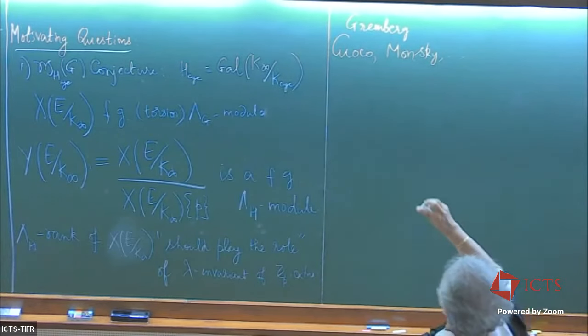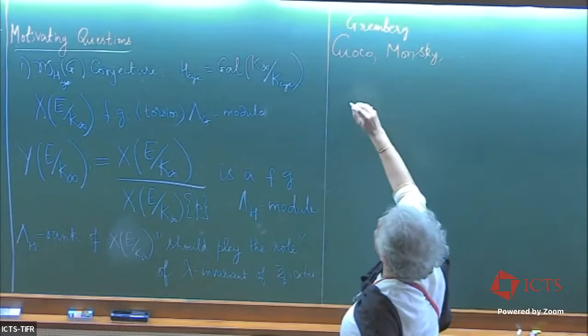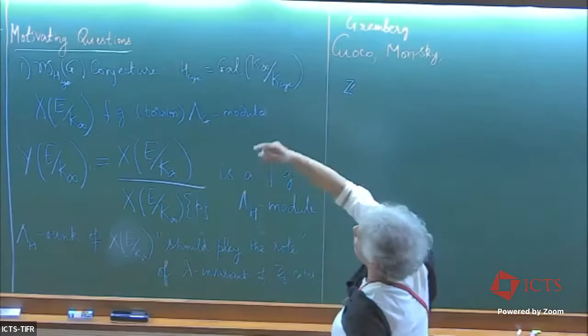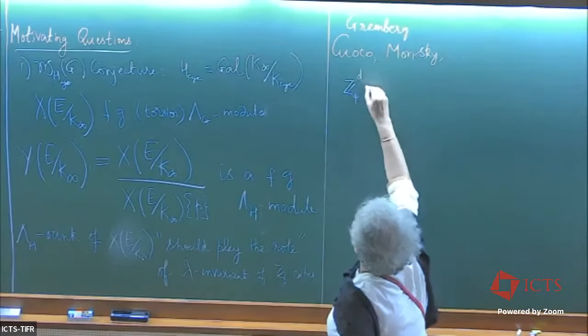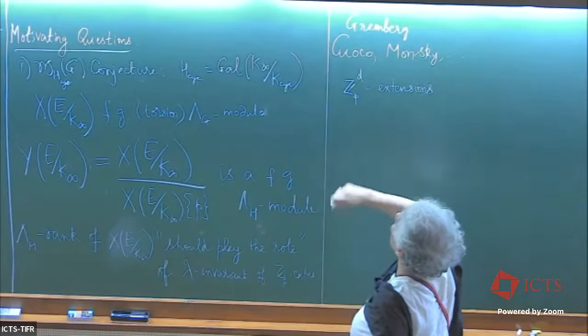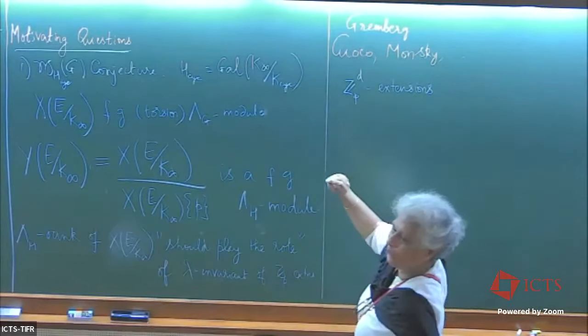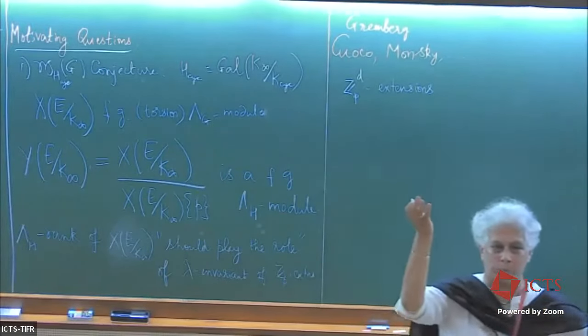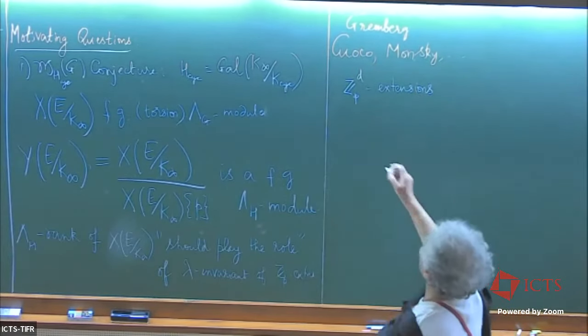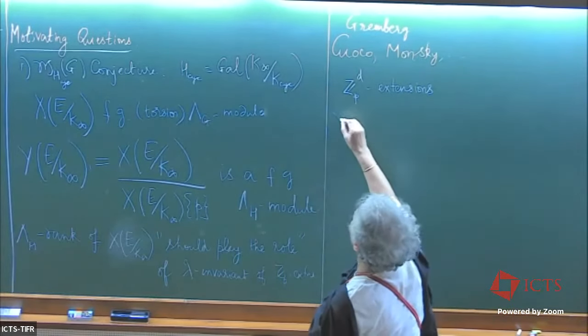Anyway, in this series of works, what they do is they work, more generally, not with Z_p^2 extensions, but Z_p^d extensions. For any such Z_p^d extension, when you take the class group over the Z_p^d extension, or even when you take the Selmer group over such a Z_p^d extension, for any module over such a Z_p^d extension, they define two invariants.